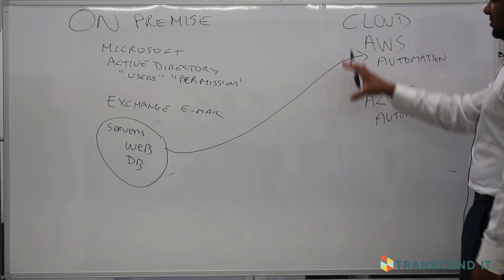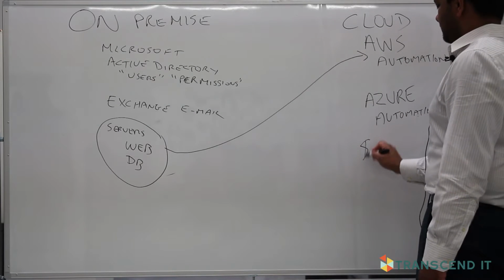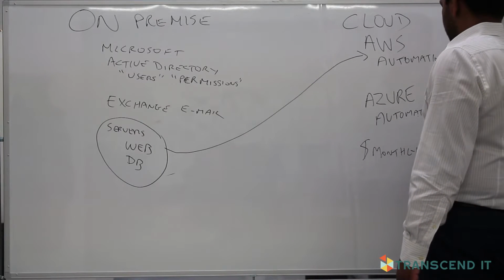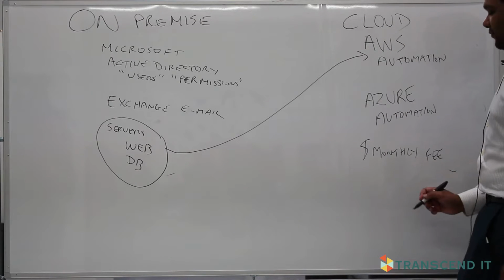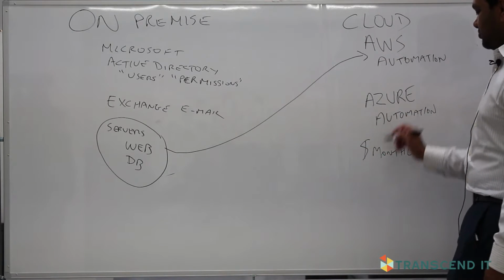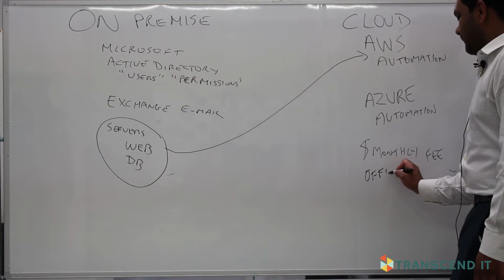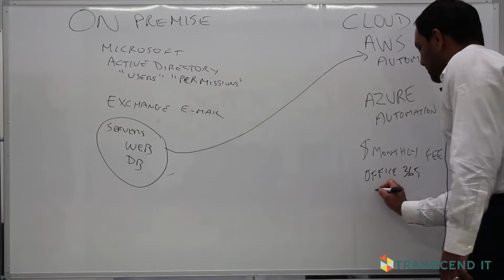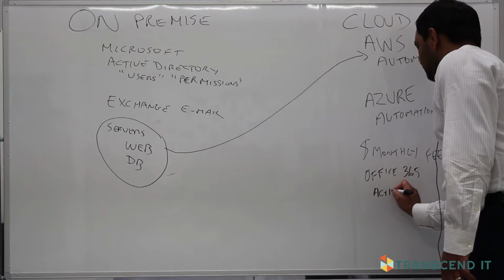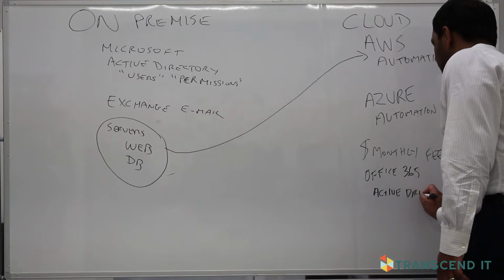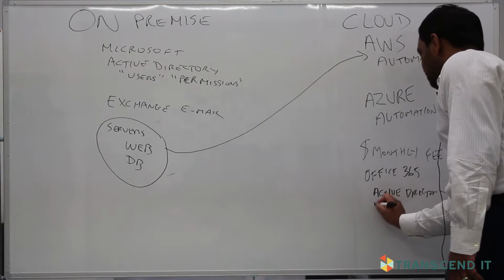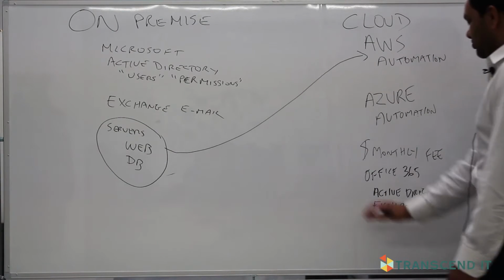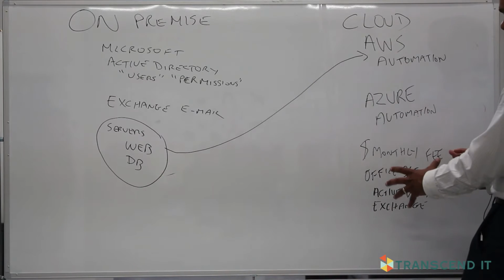But the thing is, with the cloud services, you have to pay a monthly fee. So, for example, if you have Microsoft Office 365, this is basically Active Directory, Exchange, and other core Microsoft applications, all bundled into one thing.